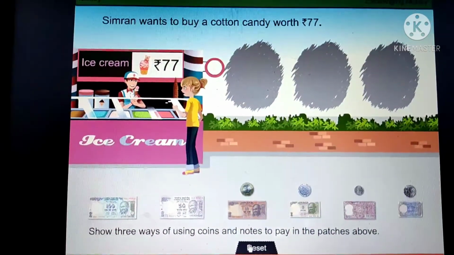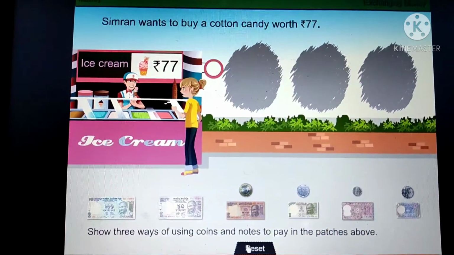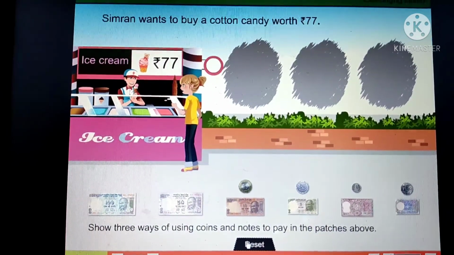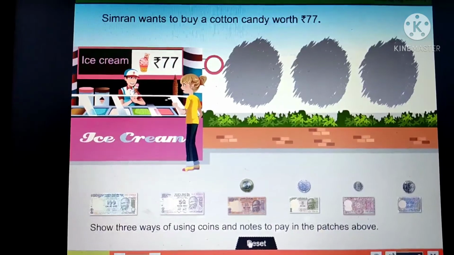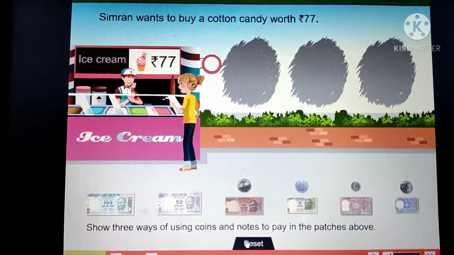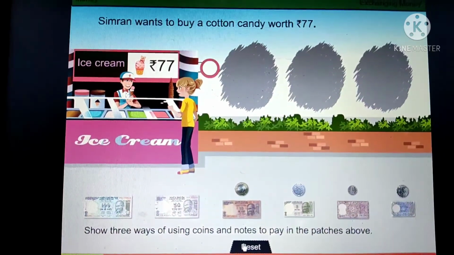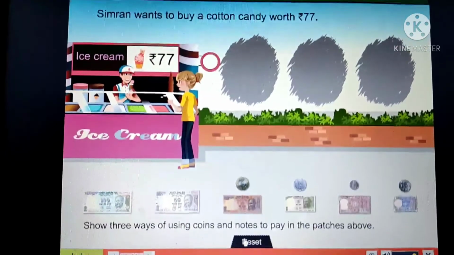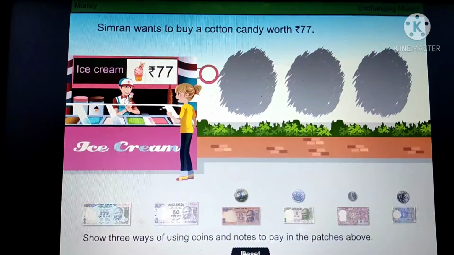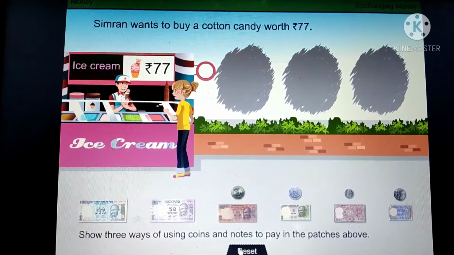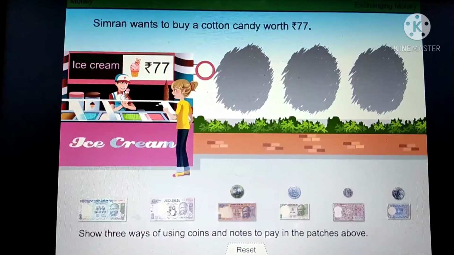Let's see one more example. Simran wants to buy a cotton candy worth rupees 77. Show 3 ways of using coins and notes to pay. So again we have to show the 3 ways.